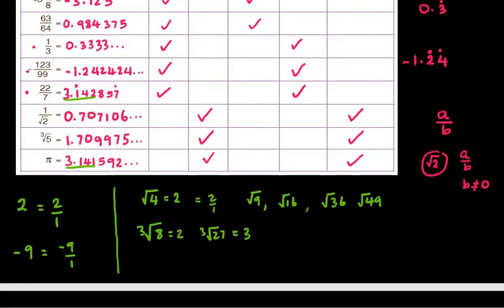But square roots of other numbers that are not perfect squares, let's say the square root of 2, the square root of 3, the square root of 5, the square root of 6, all of these are irrational numbers.